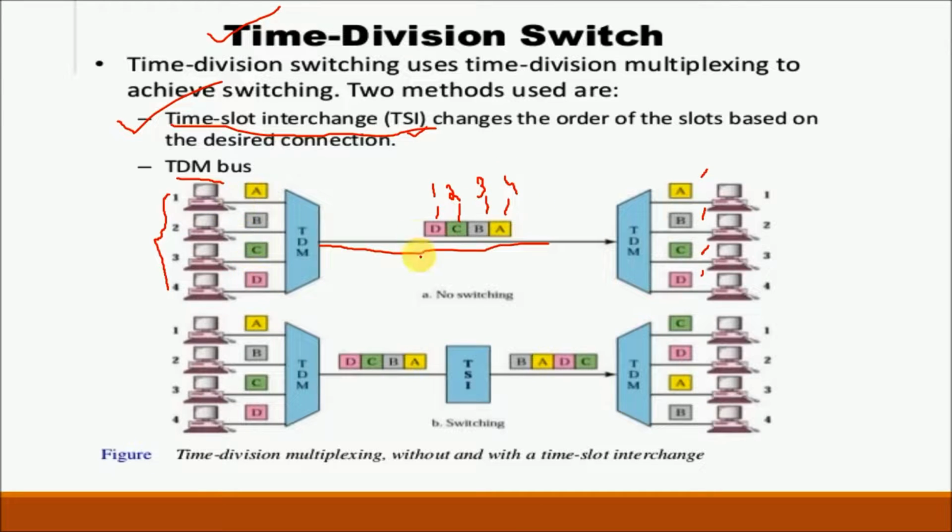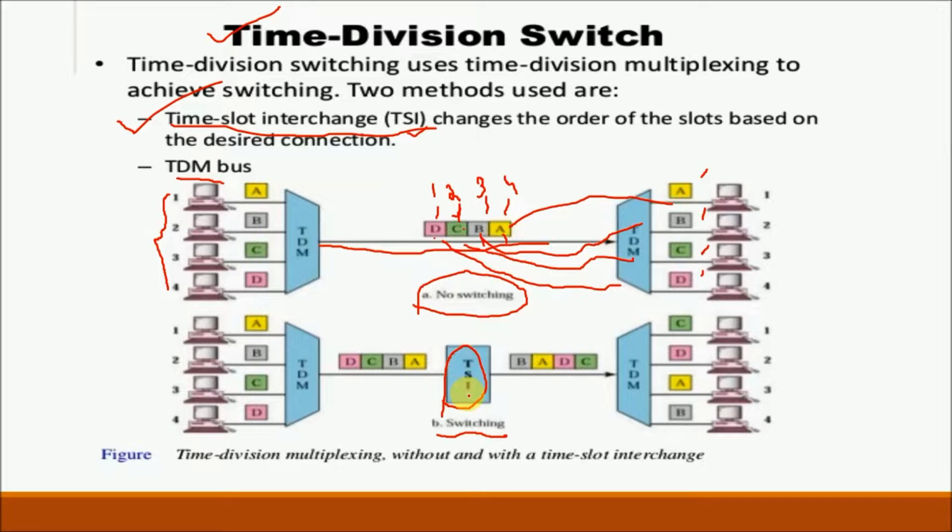In the first time slot, station D sends the data, then in the second time slot station C sends the data, then in the third time slot station B, and then station A. If we don't use switching techniques, then A will reach station A, B will reach station B, C will reach station C, and D will reach station D. But if we use the switch, that means in between, if we use the TSI, time slot interchange, then this particular sequence may be changed.